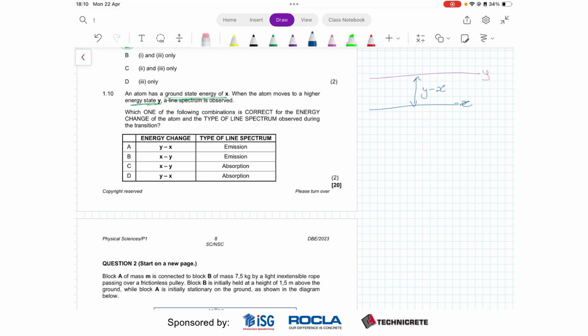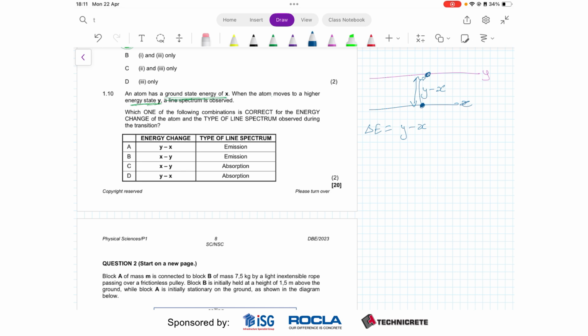If our atom moves from the ground state up onto the excited state Y, the energy change is going to be given by Y minus X, okay?